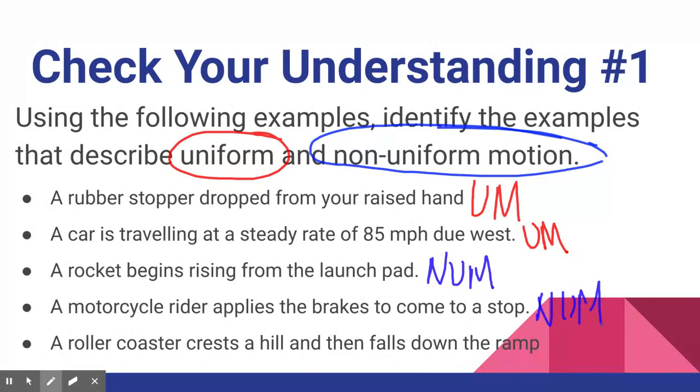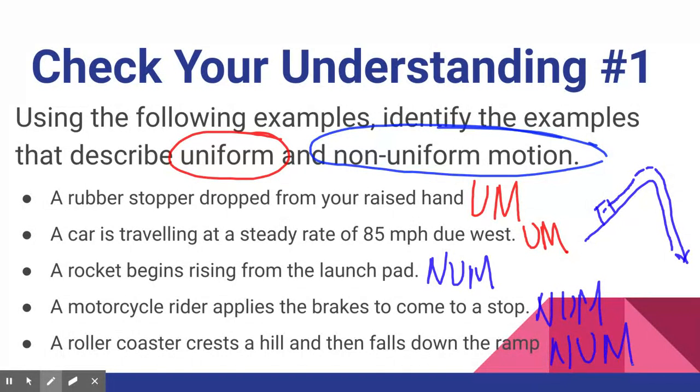And then a roller coaster crests a hill and then falls down the ramp. So you've got the roller coaster car here, coming up but slowing, and then it goes down. So we have not only a change in speed, but also a change in direction here as well. In this case, again, this is going to be non-uniform motion.